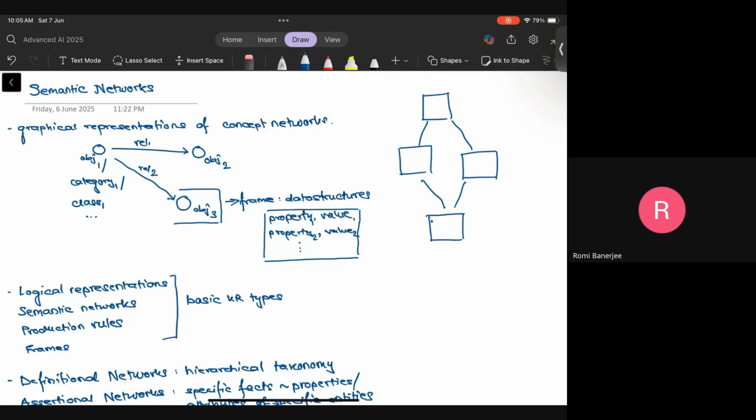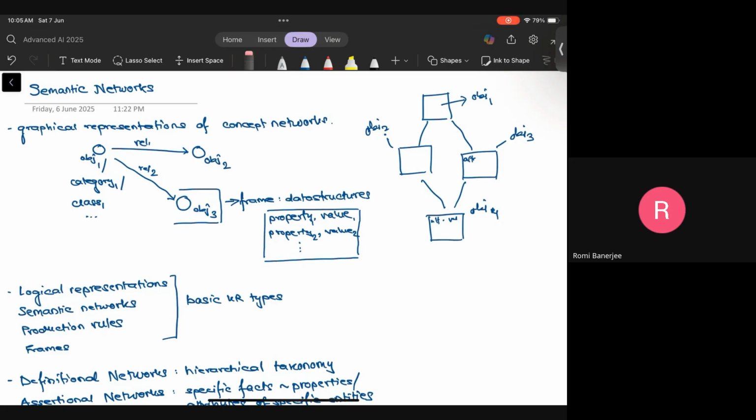So frames over here, you have attributes and values. This is in sync with object 1, this is in sync with object 2, this is in sync with object 3. So in the basic semantic network, you have a representation of object 1 being associated with object 2, object 3, and object 4.